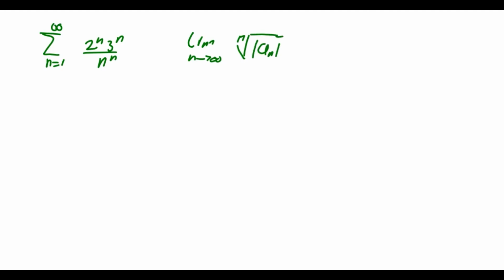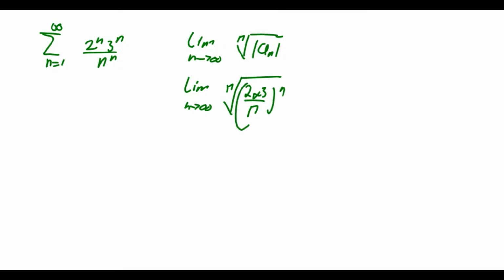You can simplify this. This can be written as 2 multiplied by 3 divided by n, to the power n.